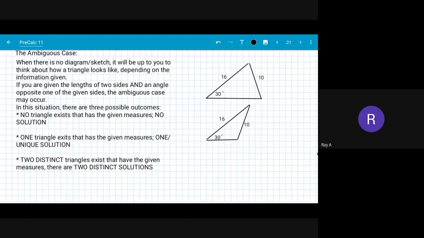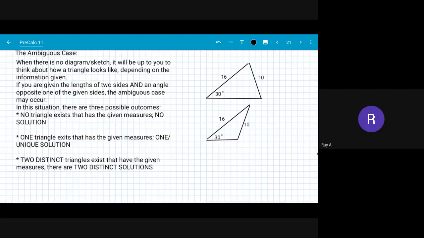Now, the problem is if there's no picture and you are just given certain information, like one of the angles and then two sides, then how would you solve the triangle? Meaning, how would you find out what the other angles are and what the other sides are? What you cannot do is to assume, all right? There is a way to do it, and that is what we're going to talk about today.